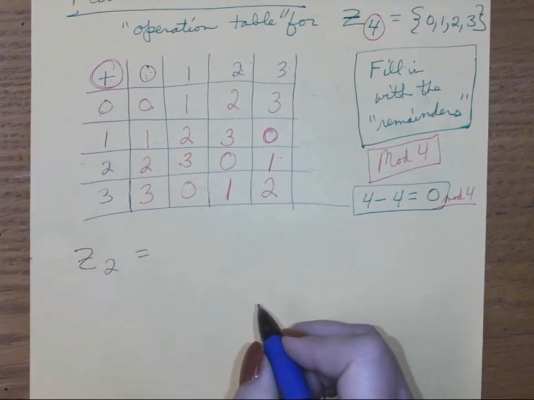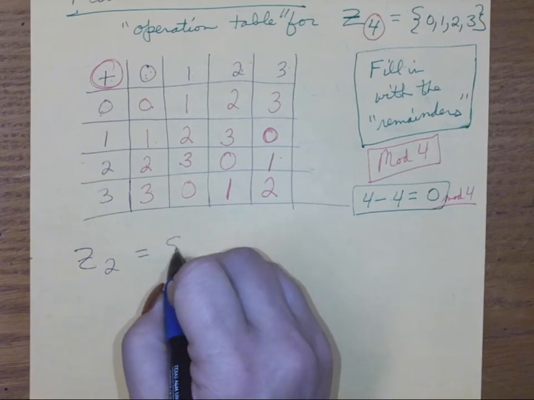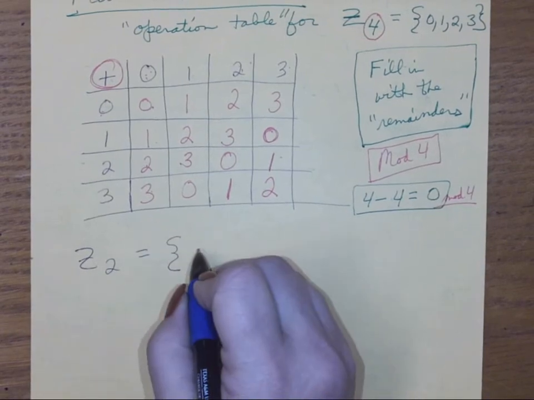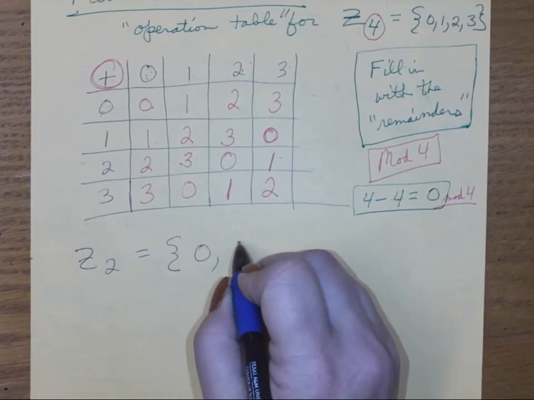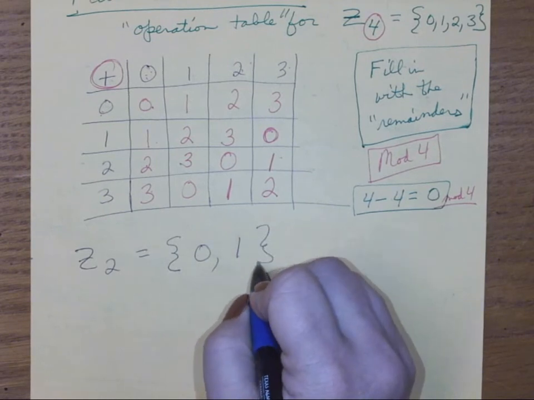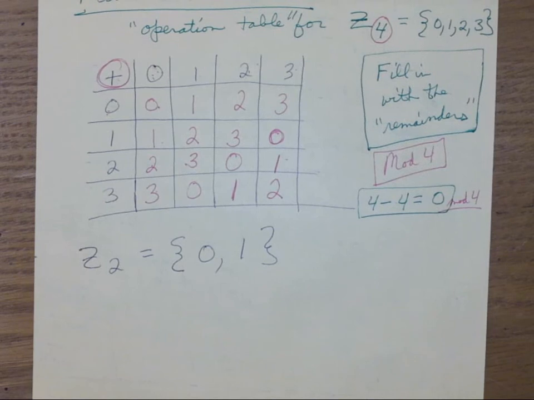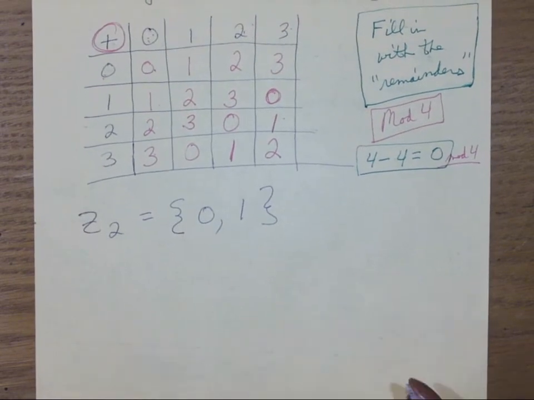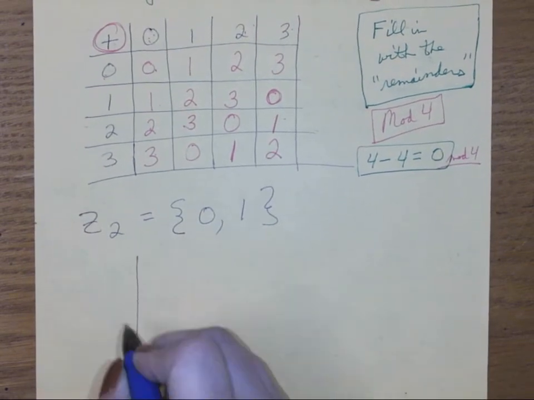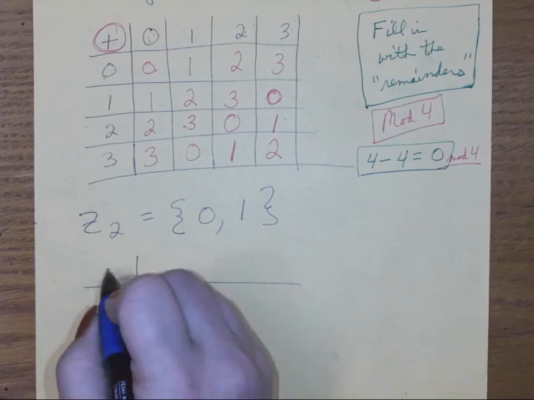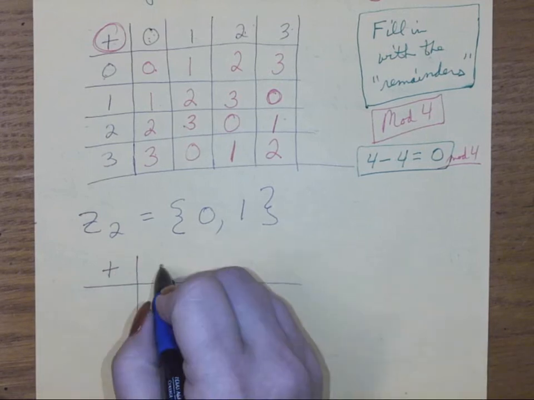Z2. What do you think my allowed numbers would be in mod 2? 0 and 1, right? That's all you get. So do an arithmetic operation table for mod 2, or what's called the binary system.